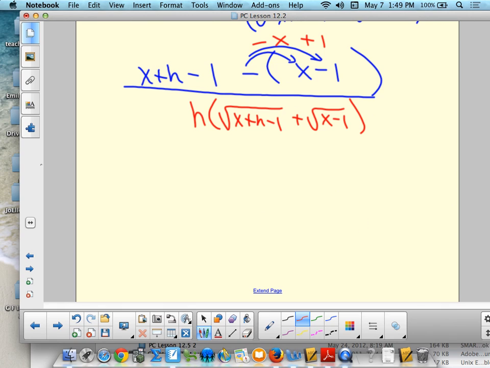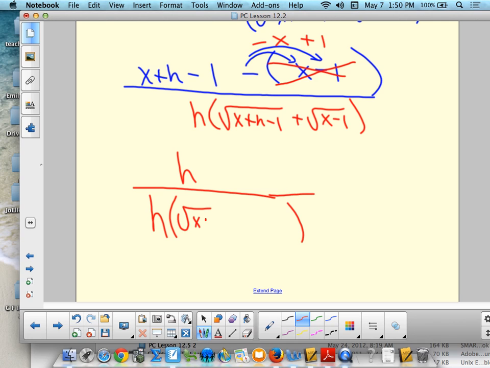Now look closely at the top. This is gone, by the way, I already took care of it. What cancels? 1 and negative 1. X and negative x. What's left? H, over h times this little mess you got here, and then plus this.